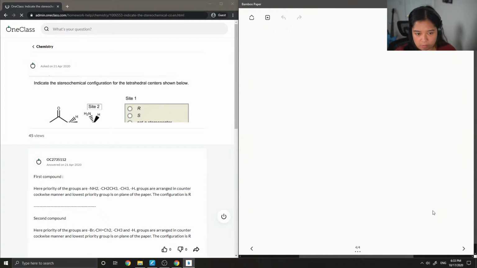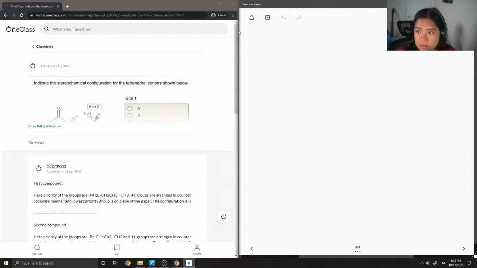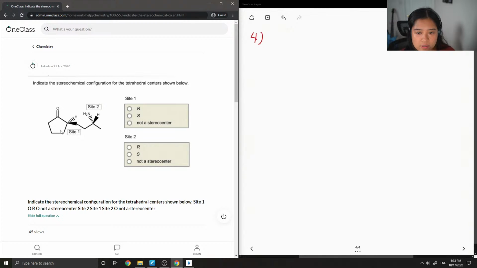Okay, so now on to question number 4. Indicate the stereochemical configuration for the tetrahedral centers shown below. Okay, so I'm just going to write down this molecule.